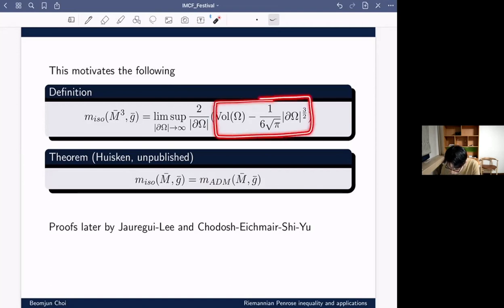This term in Euclidean space cannot be positive. But since I'm on an asymptotically flat 3-manifold of non-negative scalar curvature, I can put more volume than this. So I measure the difference and divide by some scaling factor, and that characterizes how much mass was contained in the original space.